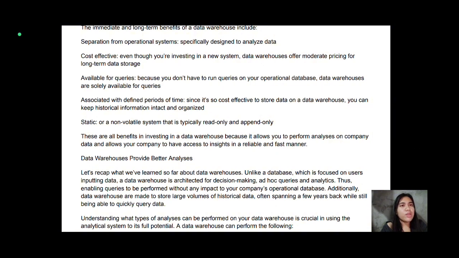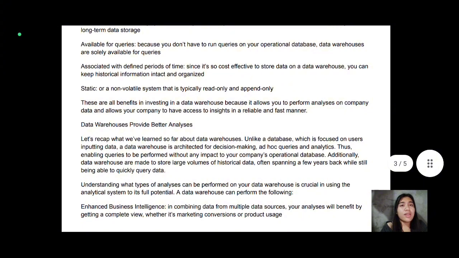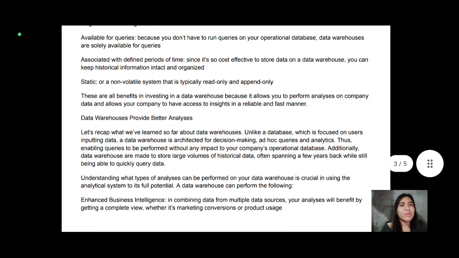Because you don't have to run queries on your operational database, data warehouses are solely available for queries. Associated with defined periods of time. Since it's so cost-effective to store data on a data warehouse, you can keep historical information intact and organized.